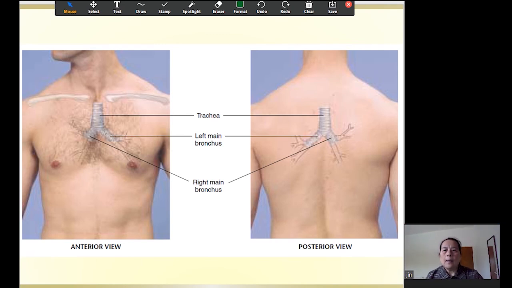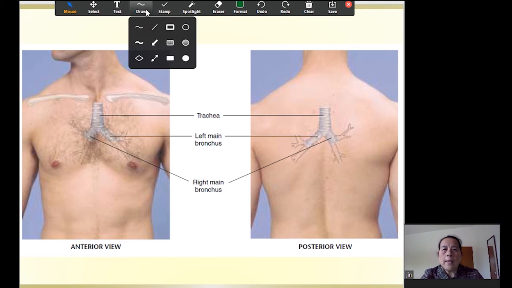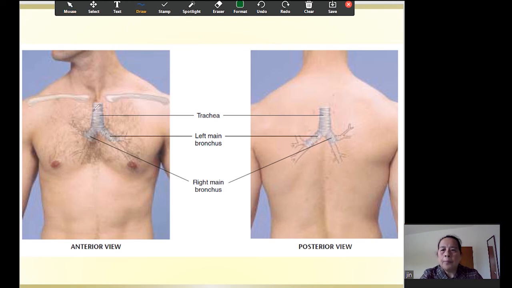Okay, then we're talking about the trachea. The trachea is located in the front part of the chest, in the center. So that's where we can find it. And when we're checking the lung, we're checking the trachea. It branches into the bronchi, but the branching part we couldn't touch.